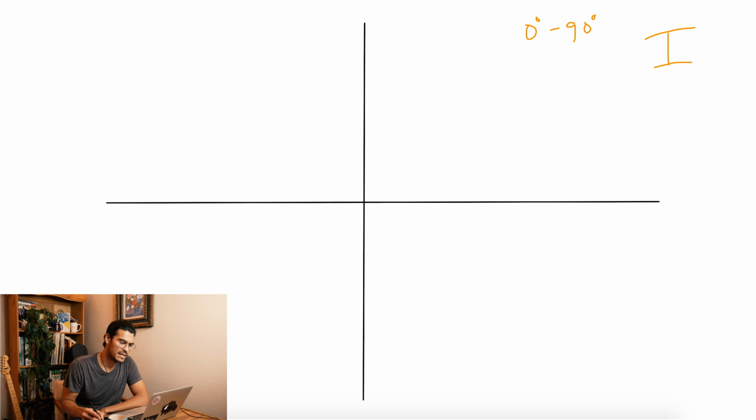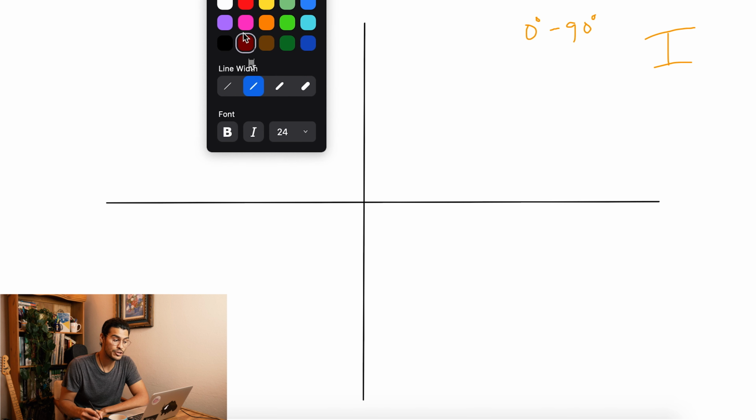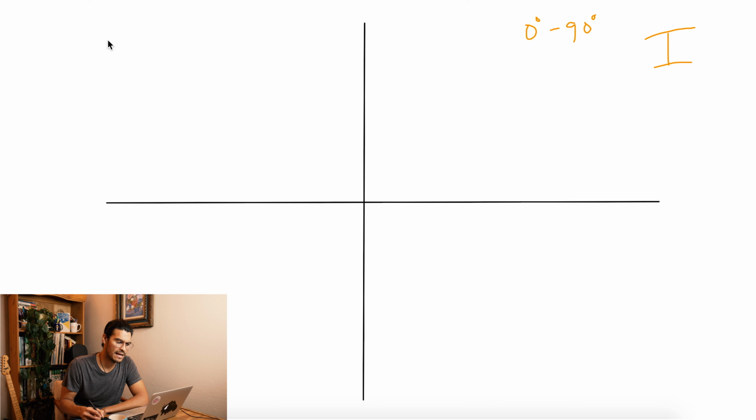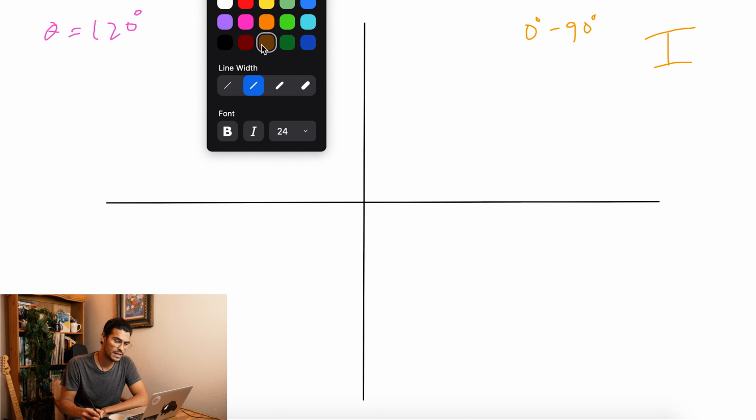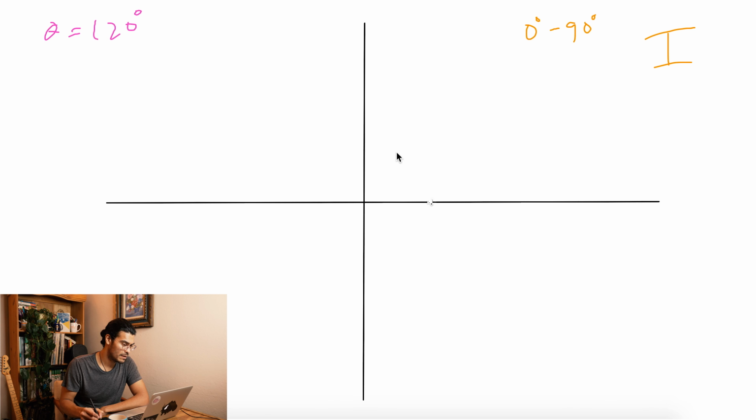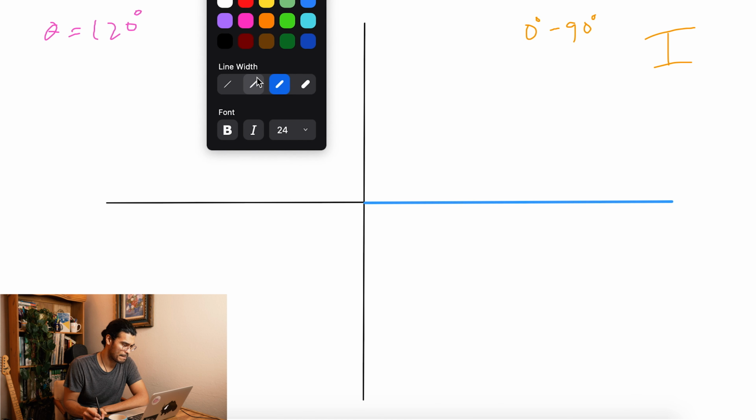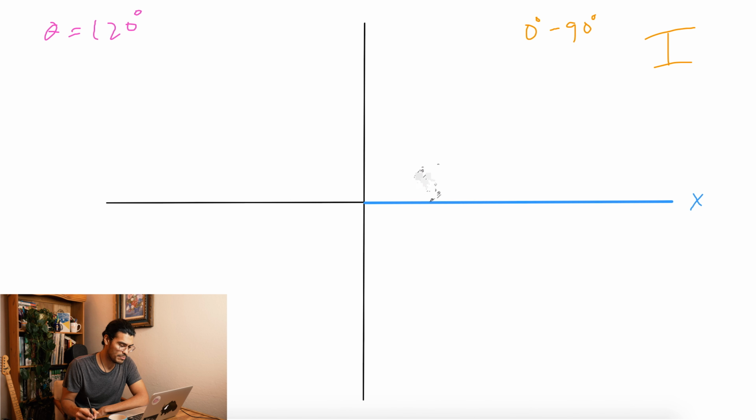But if we sweep through, let's say we want to plot 120 degrees. What does it mean to have a 120 degree angle? Or in other words, you may see this called theta. Theta is just a letter that we use to represent angles. So let's say we want to find where 120 degrees is, and we want to draw a right triangle that represents that 120 degree angle. Well, we just learned that we're going to start on the positive x-axis, and we're going to sweep as far as we need to go.